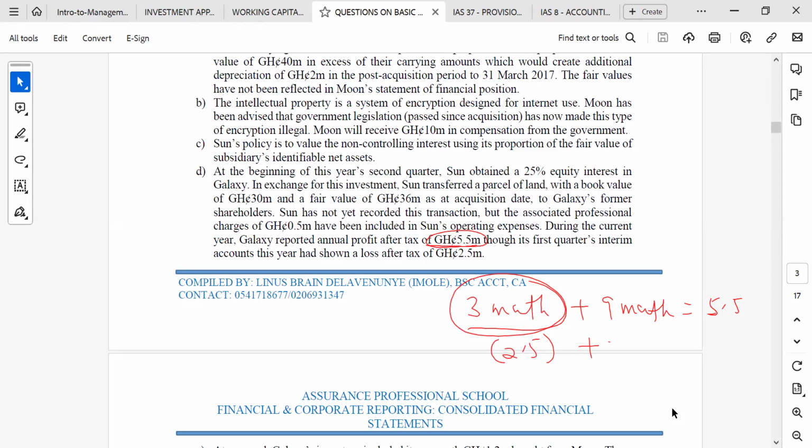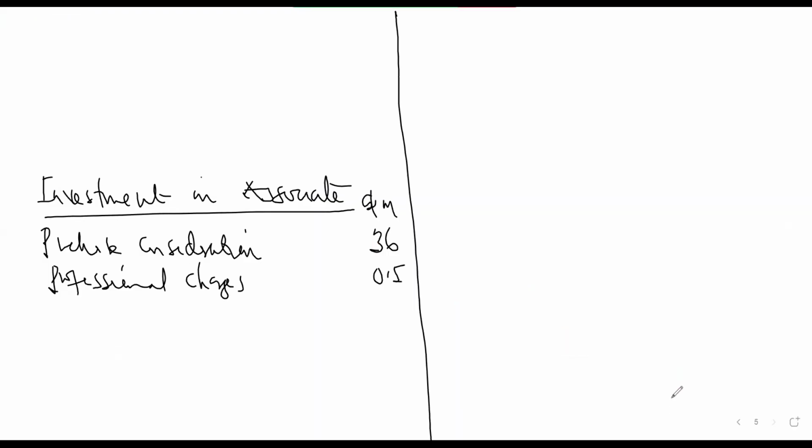So you just find your 9-month profit to be 5.5 plus 2.5. So during the post-acquisition period, they made a profit of 8 million.